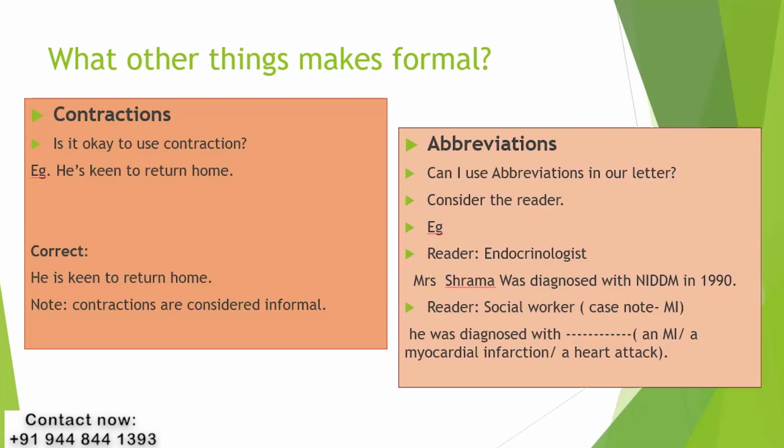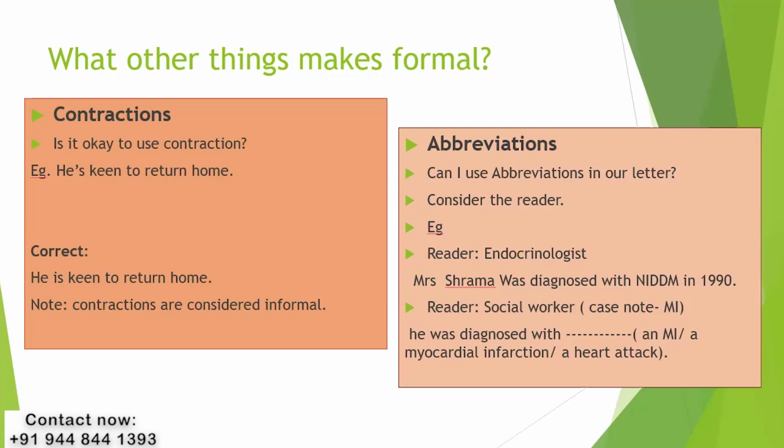If you write an MI or myocardial infarction, it is less appropriate because he is a social worker. He may or may not be a medical professional, so we don't know whether he knows that terminology. So we have to be careful about using abbreviations. That is how this style makes your letter formal.